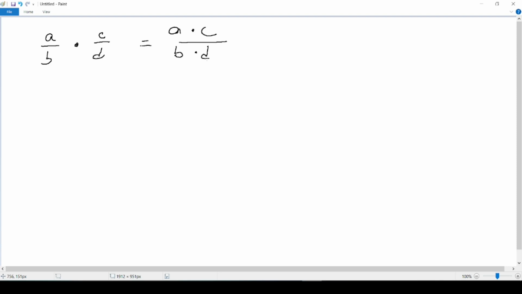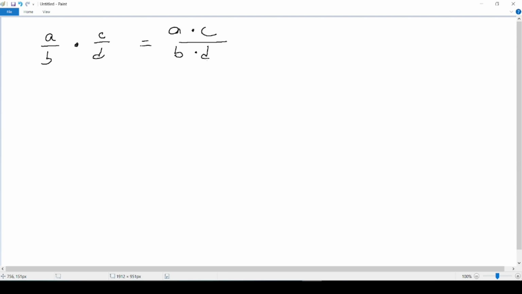In other words, the product of fractions is the product of the numerators over the product of the denominators. So we take the tops, we multiply them, and we take the bottoms and we multiply them too.